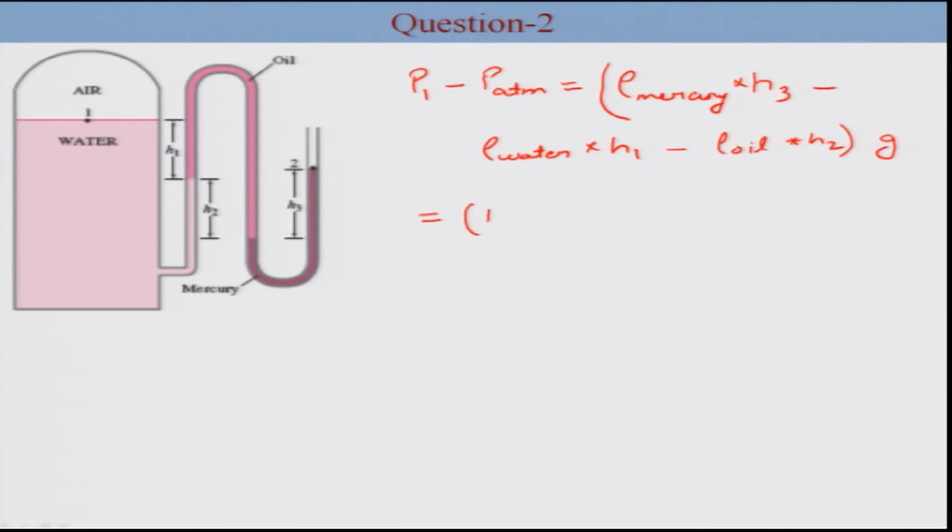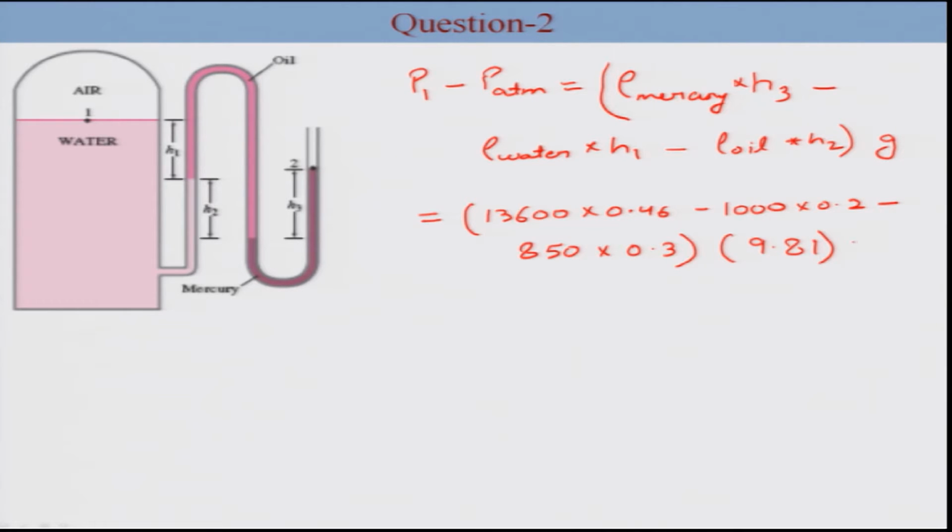Putting all the values which are given in the question: density of mercury is 13600, H3 is 0.46, minus density of water is 1000 kg per meter cube, H1 is 0.2, and density of oil is given 850 and H2 is 0.3, and value of g is 9.81.